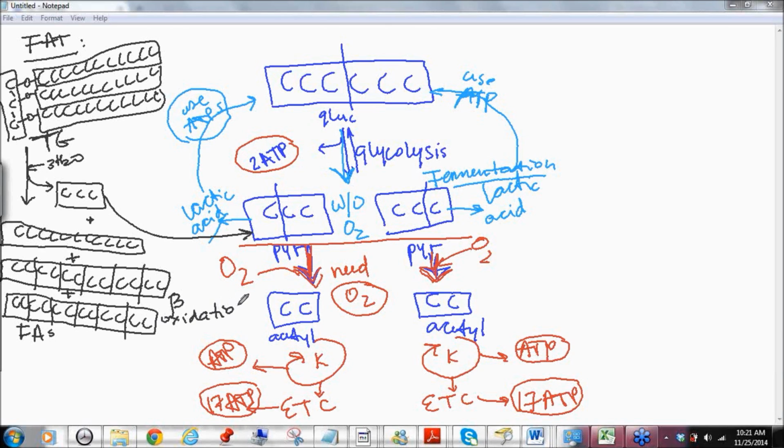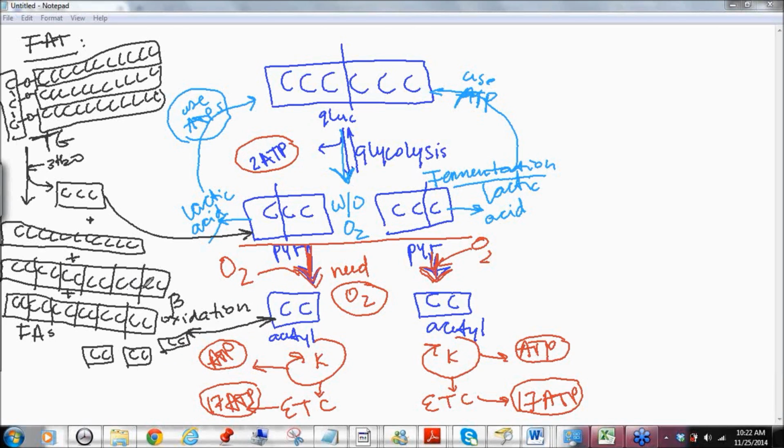Beta oxidation is actually also reversible. So you can take these fatty acids and break them into these little 2 carbon units, and these 2 carbon units are basically the same as the acetyl groups. Right here, we join the main pathway at the acetyl group.